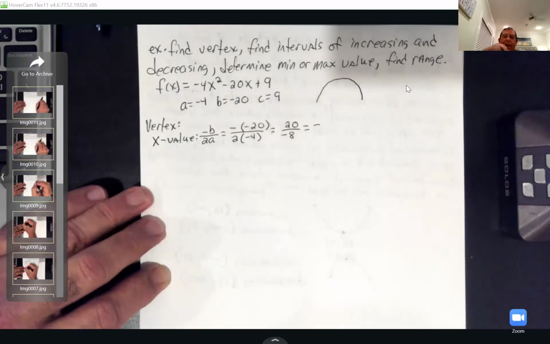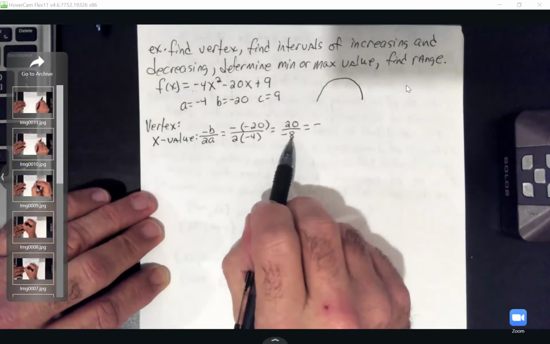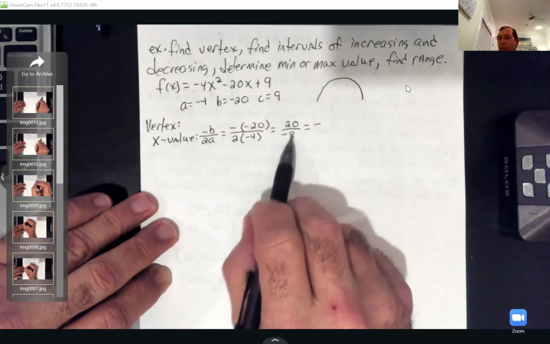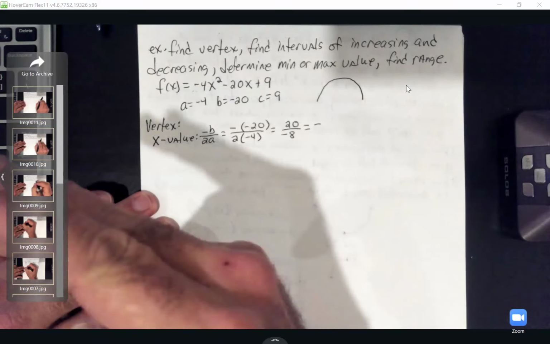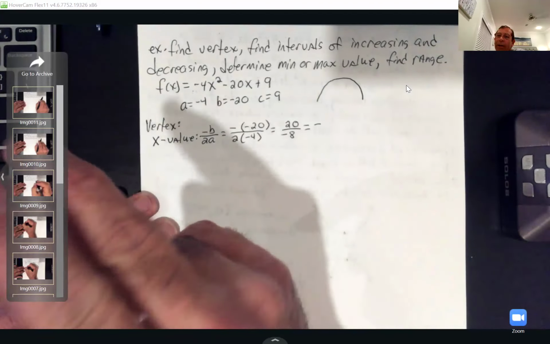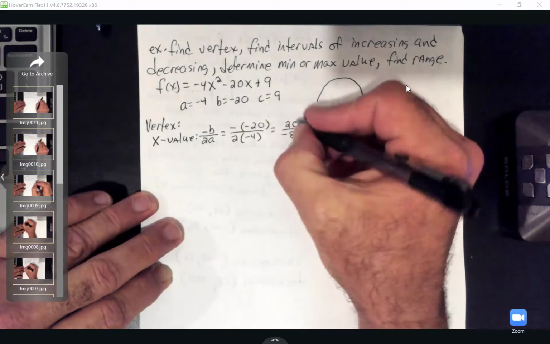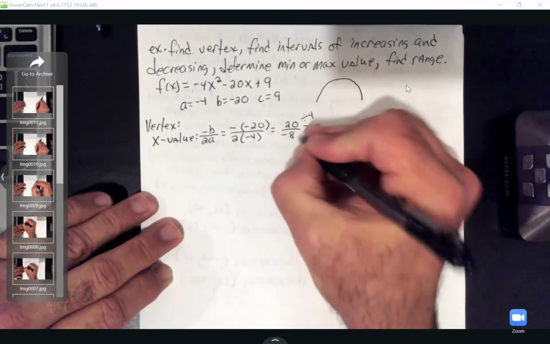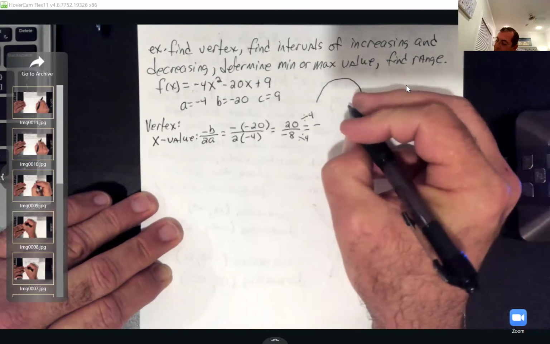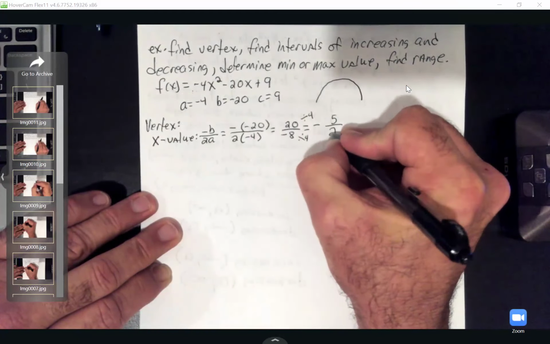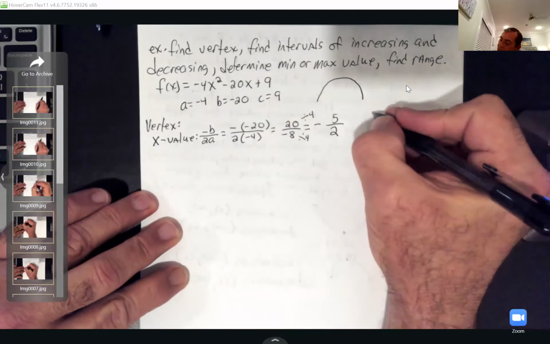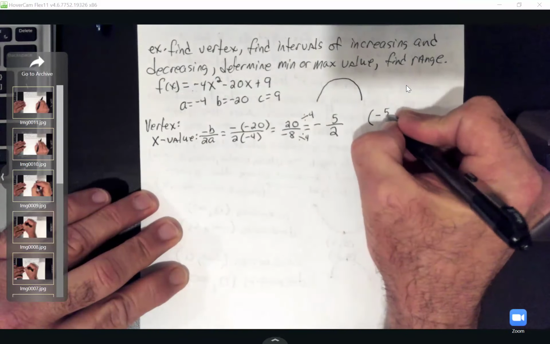Well, that's going to end up negative. Now, the biggest number you can divide out of both of these is a 4. If you did 2, you'd get 10 over 4, and you'd have to do the 2's again. So the biggest factor they got in common is a 4. So I'm going to end up with a negative 5 over 2. So that's the x value.